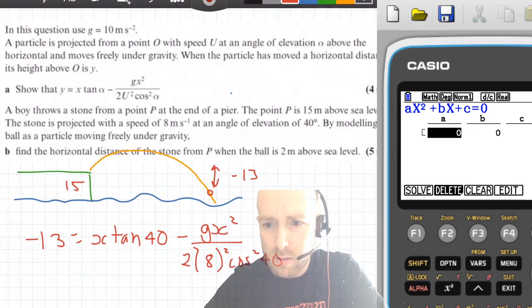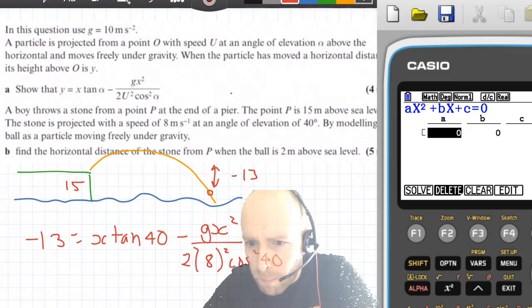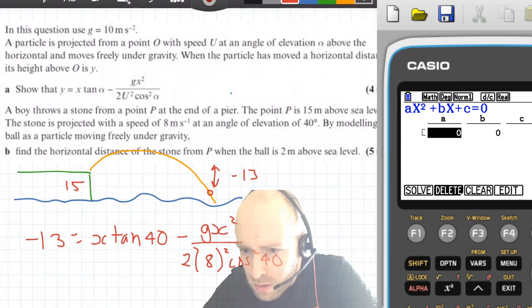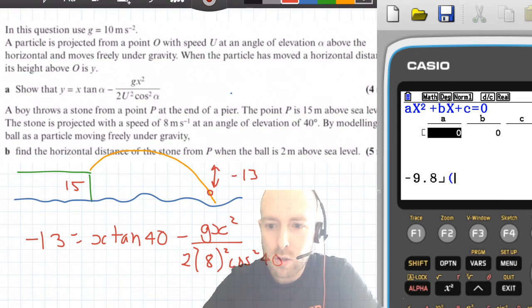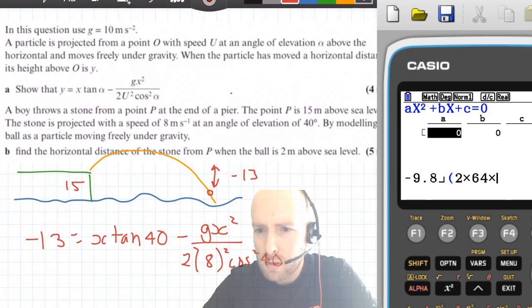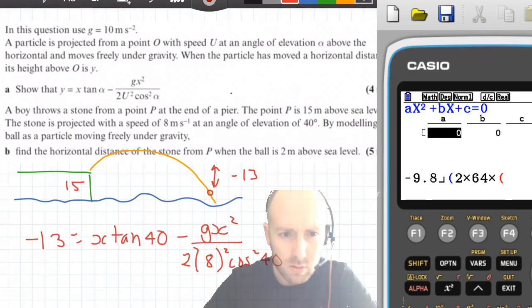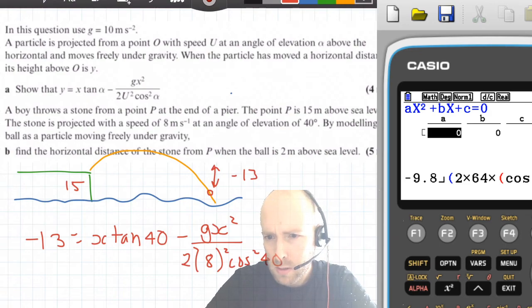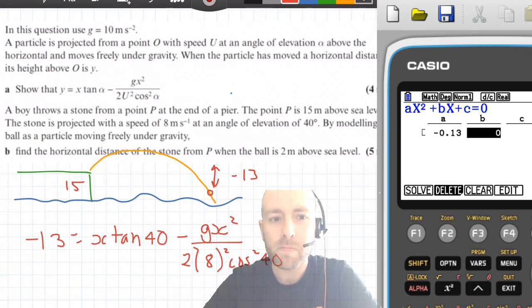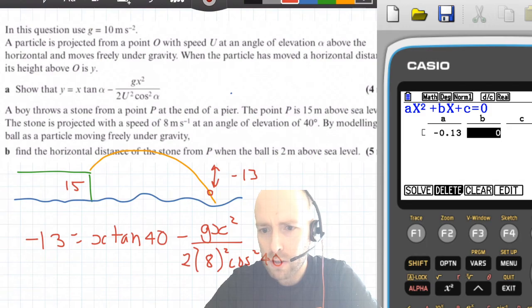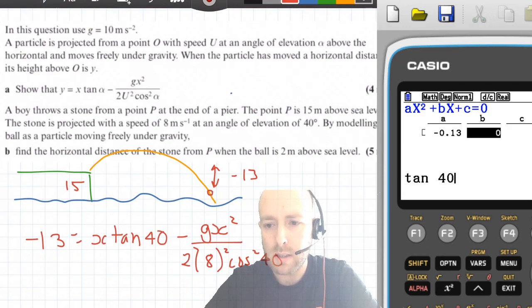So minus g, so minus 9.8 over brackets 2 times 64 times brackets cos of 40 squared, because it's cos squared, close brackets. So that's my x squared coefficient. X coefficient tan 40. C is going to be 13.